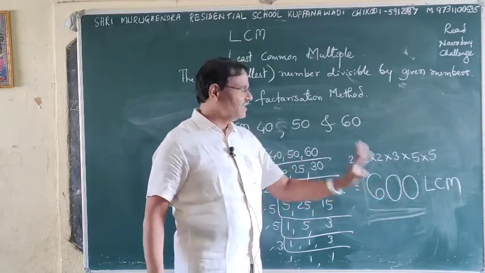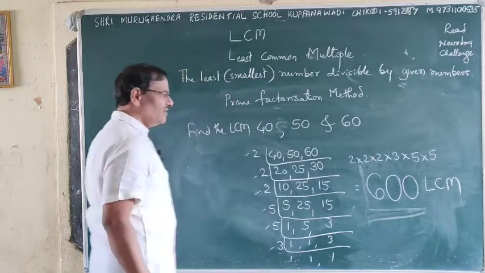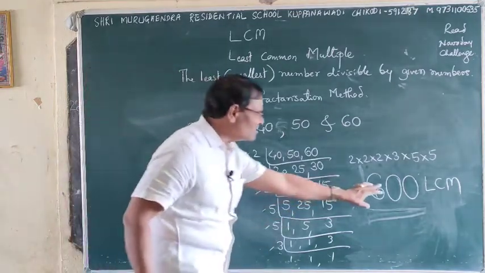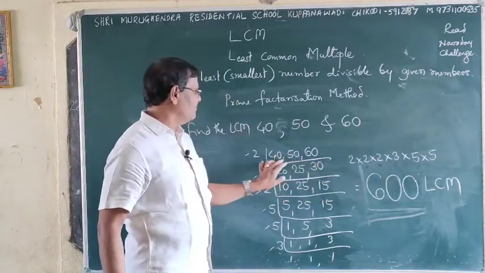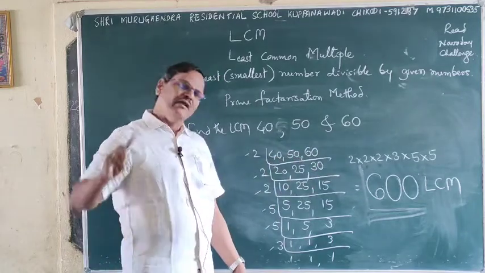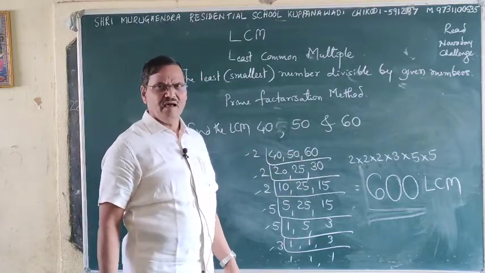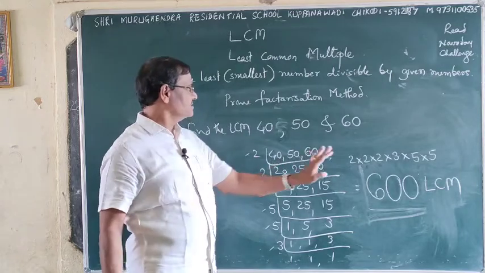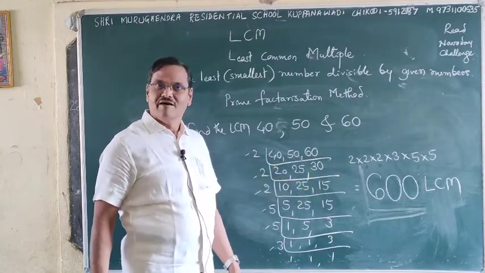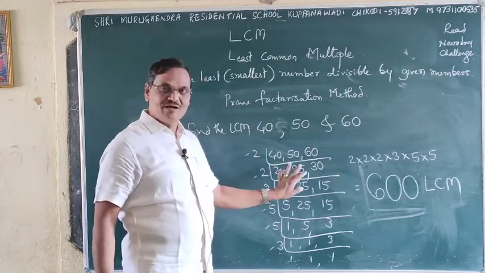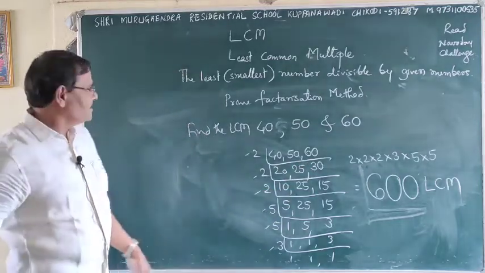Okay. Our sum is correct. No other least number below 600 is divisible by 40, 50 and 60. Individually they may be. But 600 is the least number. Okay? Understood? And tricky method.